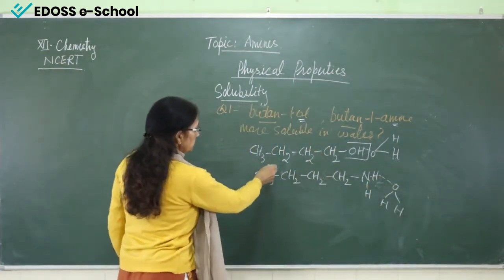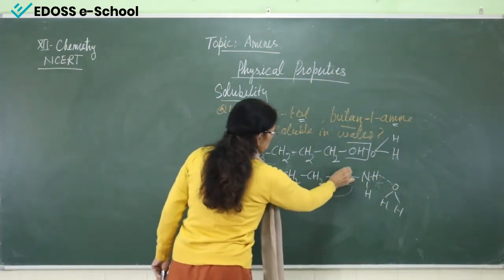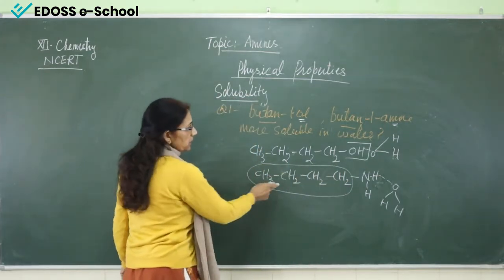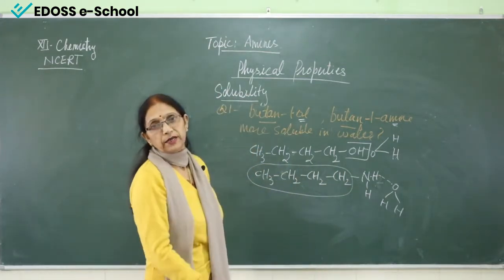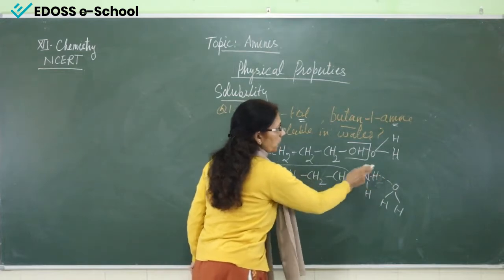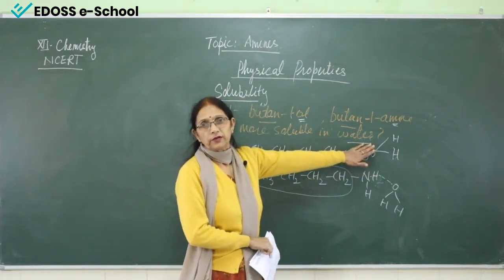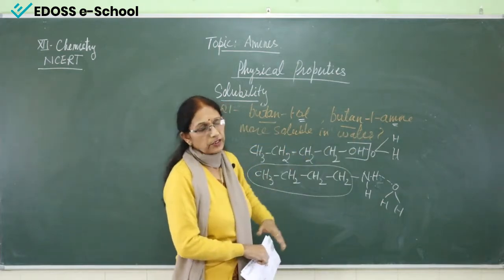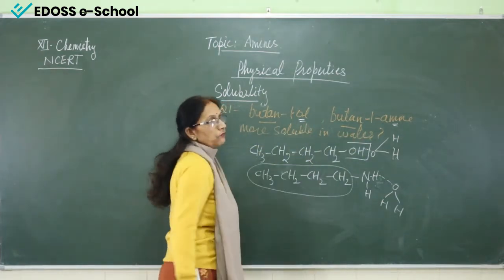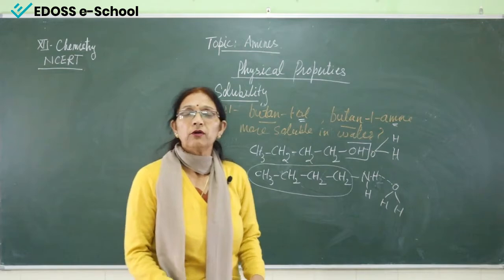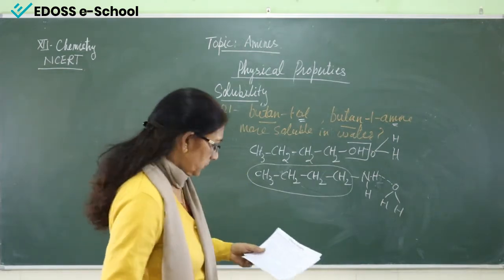But this alkyl group, being a larger alkyl group, is hydrophobic, so it is repelling and making this hydrogen bond weak. So in this case hydrogen bond is strong. So this is soluble in water and butane-1-amine is not soluble or less soluble in water. So this is the answer.